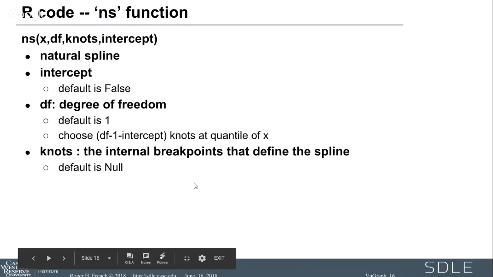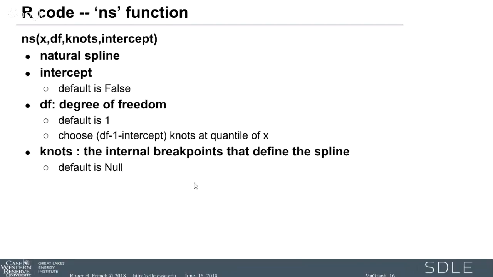And the next thing is the natural spline. We use the ns function. We also have the intercept, the default is false, and df is the degrees of freedom, the number of coefficients. The default is 1, and if you choose another number, it will use this equation to get the number of knots. For example, df is 4.